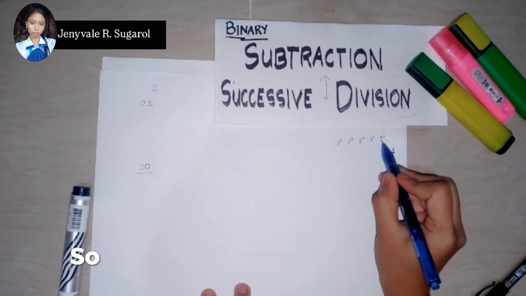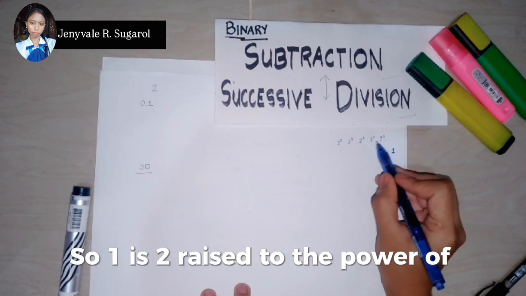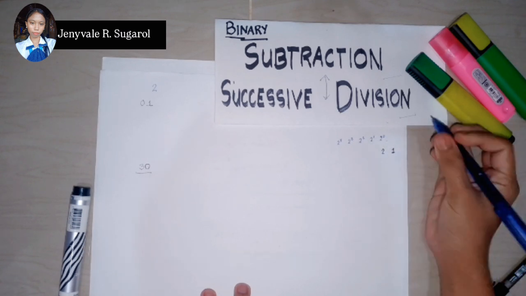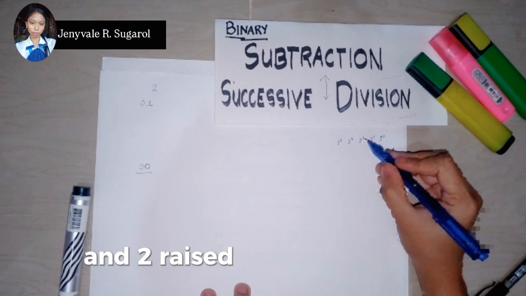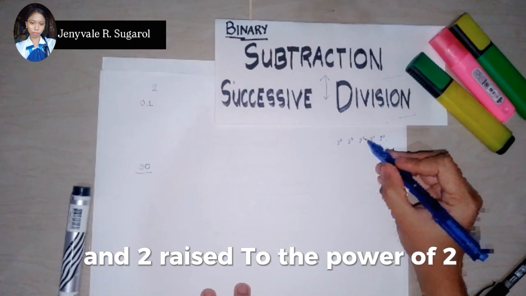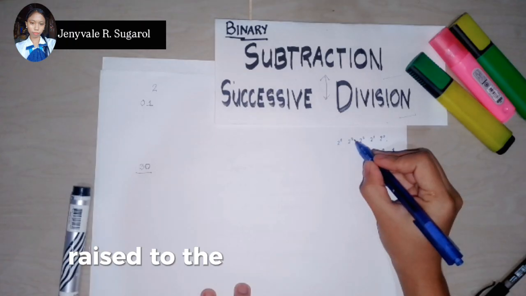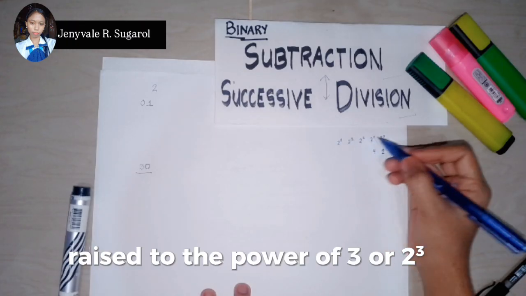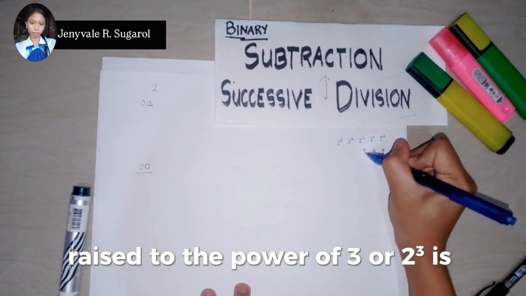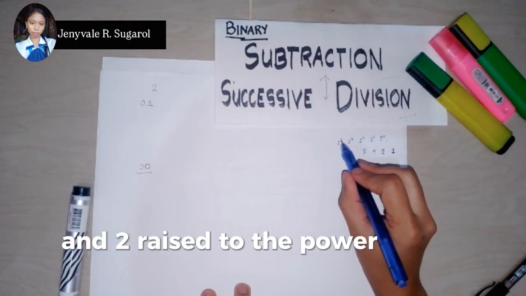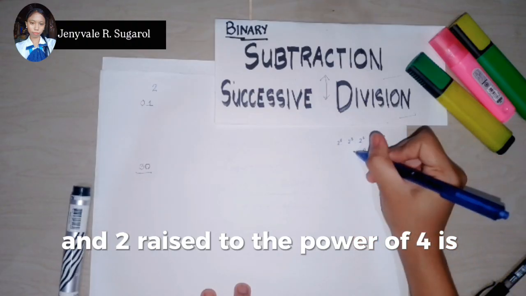So 2 raised to the power of 0 is 1, 2 raised to the power of 1 is 2, 2 raised to the power of 2 or 2 squared is 4, 2 raised to the power of 3 or 2 cubed is 8, and 2 raised to the power of 4 is 16.